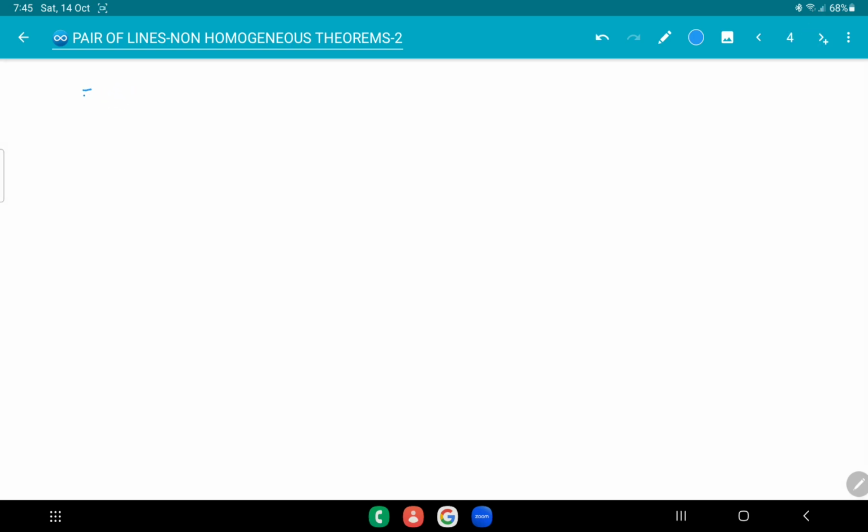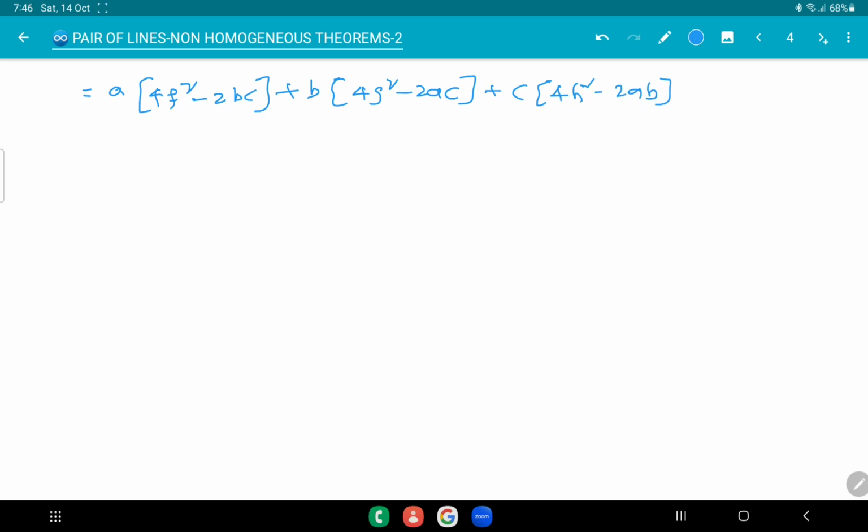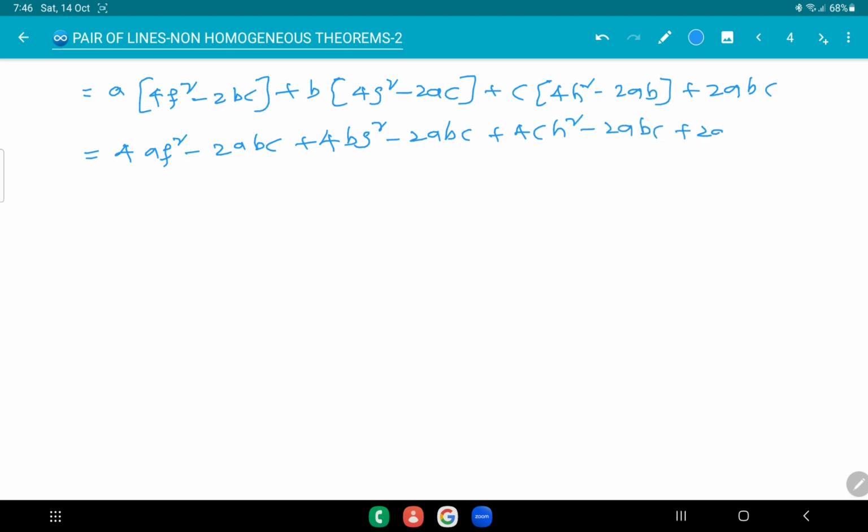So this becomes: L1 L2 means a, so a into M1 N2 plus M2 N1 is 4f square minus 2bc, plus b into 4g square minus 2ac, plus c into 4h square minus 2ab, plus 2abc. That is 4af square minus 2abc plus 4bg square minus 2abc plus 4ch square minus 2abc plus 2abc.